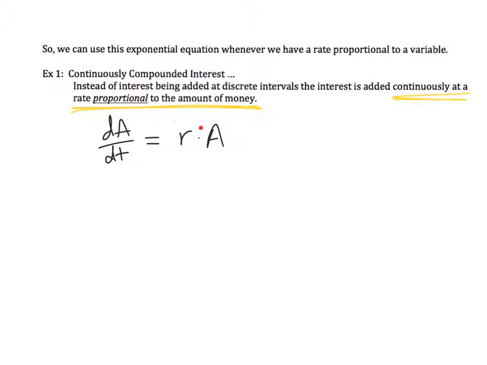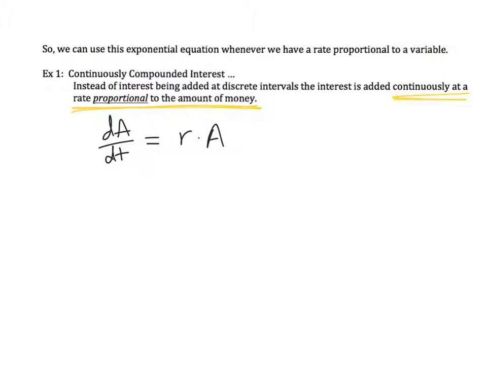So I'm using r to represent some constant that I have, because in this case I'm talking about money. So just a quick flashback to what we had a second ago. Okay, hopefully that makes sense how I got that from the equation.